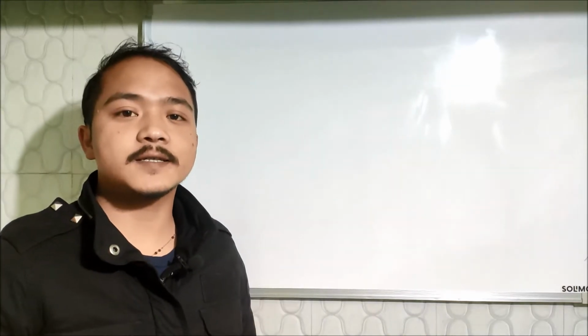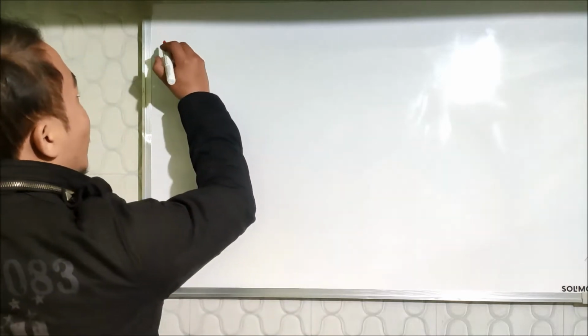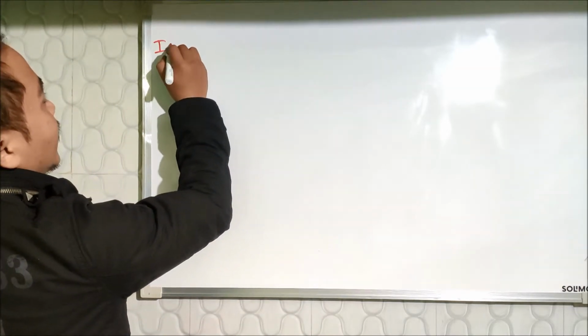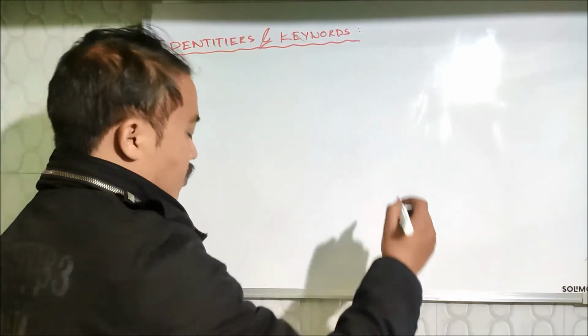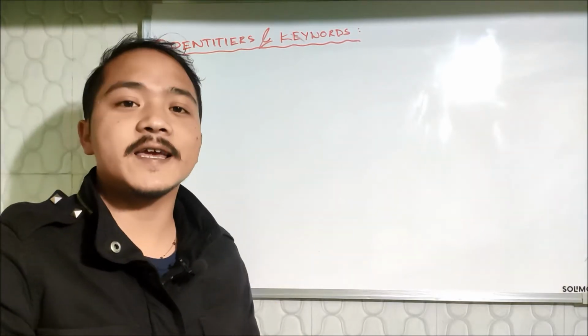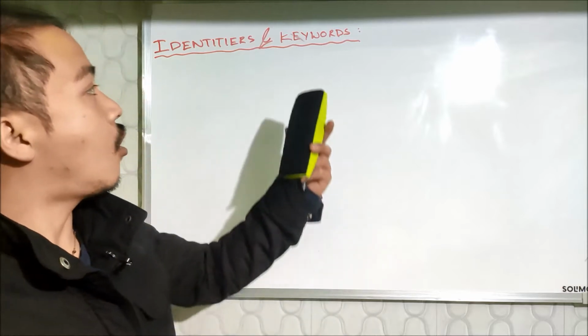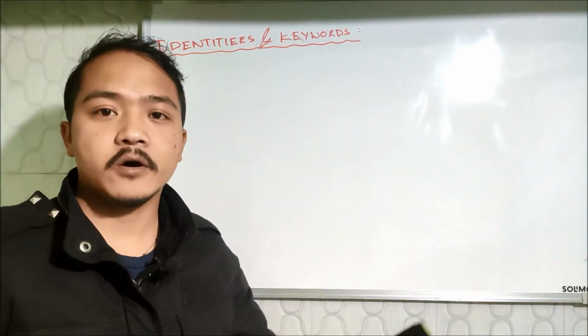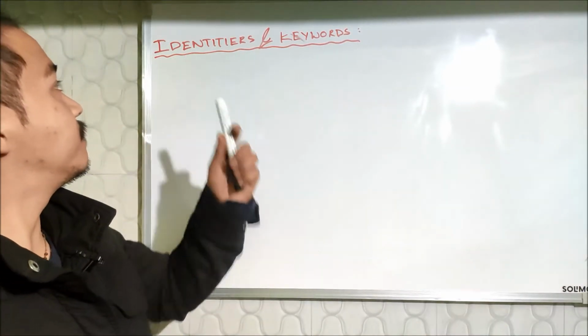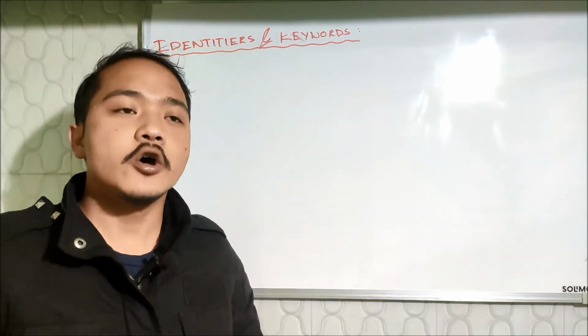So first, let's study identifiers and keywords. Every word in a C program is either an identifier or a keyword. What is an identifier?